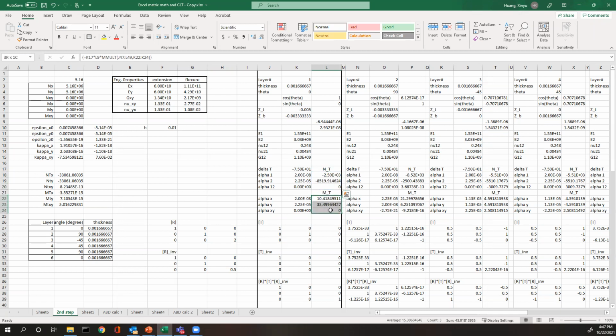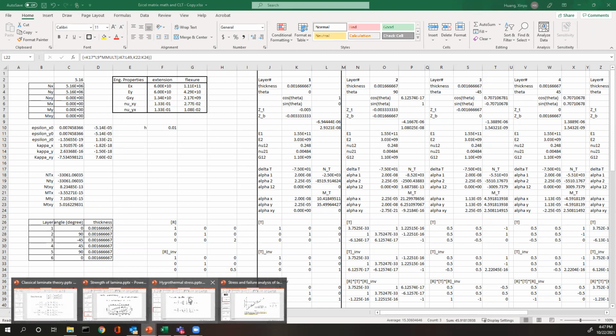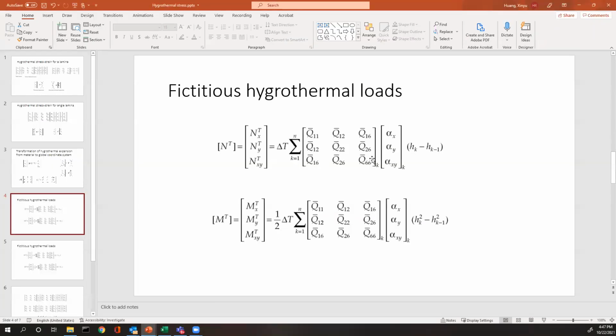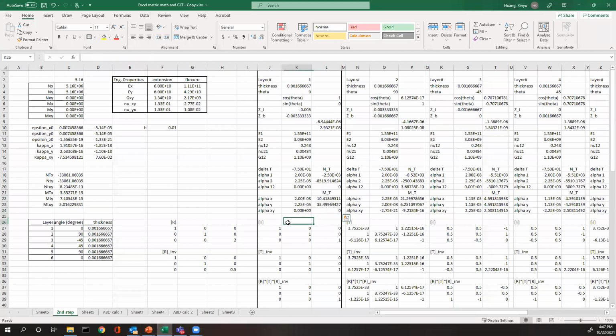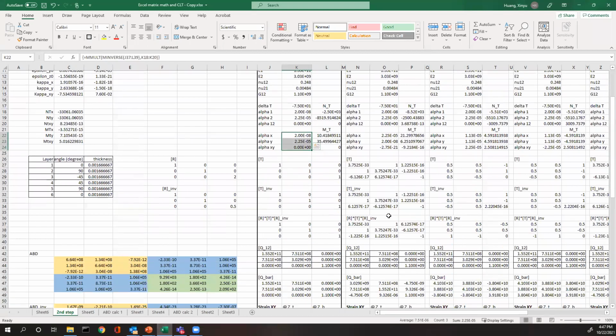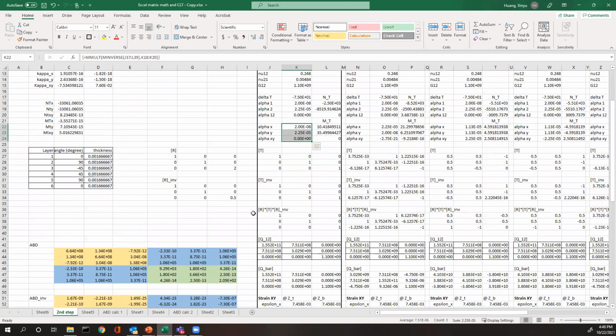I calculated for each ply how much they would contribute, just by using this equation right here, just using Q multiply alpha. Alpha is transformed from 1, 2 coordinates. My transformation occurs here. I have alpha 1, 2, which is in the material coordinate system. And then I have alpha xy, which is the transformation using the transform matrix.